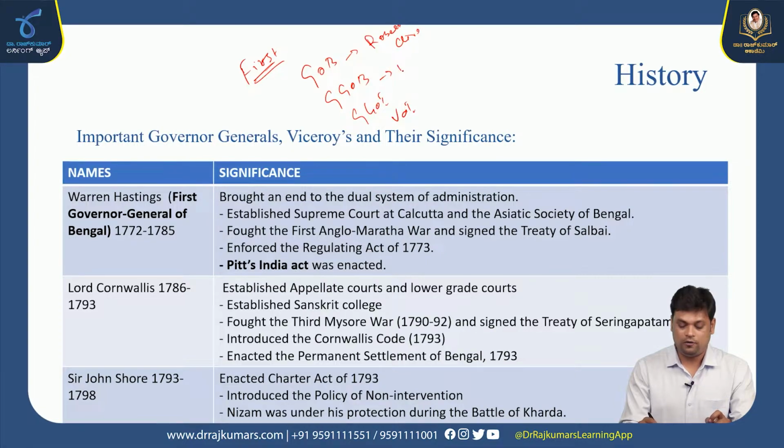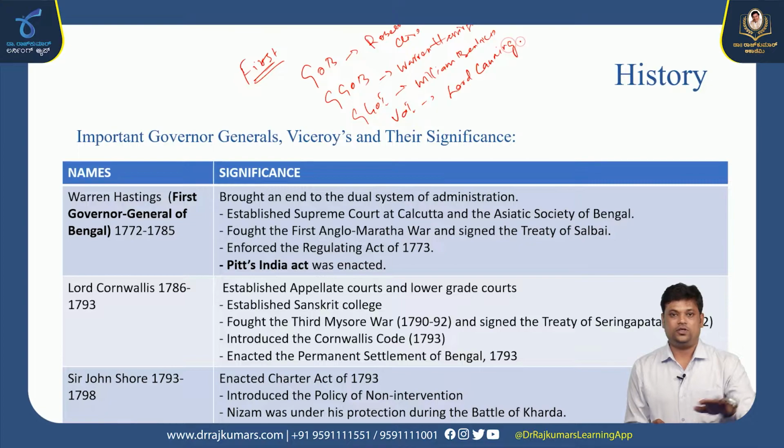First Governor General of Bengal, Warren Hastings. First Governor General of India, William Bentinck. First Viceroy of India, Lord Canning. All this you must understand and remember as well.